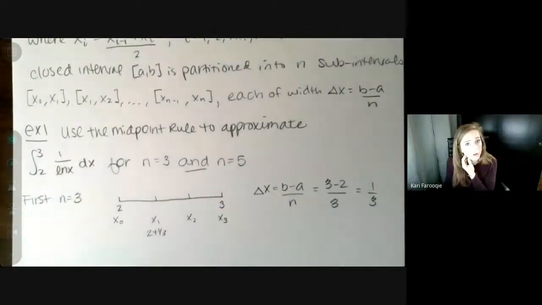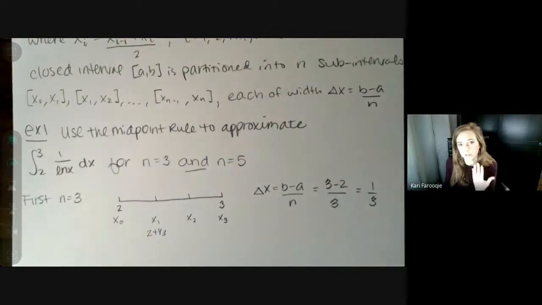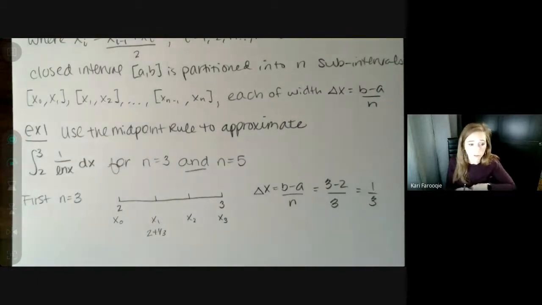Now, you don't want to end up with an answer that's off because of your decimal approximation. I would leave this as a fraction if you can't make it a terminating decimal. So for instance, 2 plus 1/3 would be 2.3 repeating. You don't want to write it as 2.33 because you're not going to get close enough to that exact value.